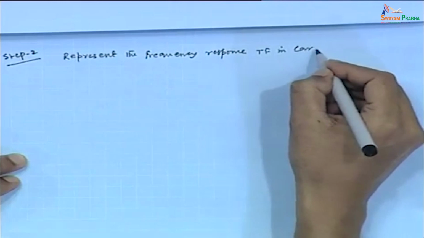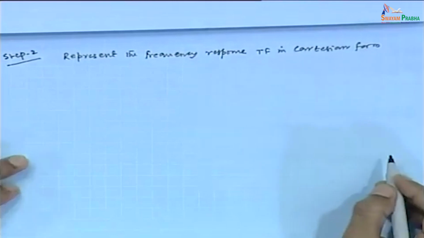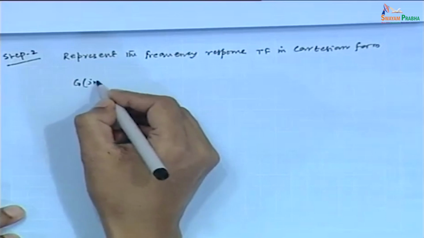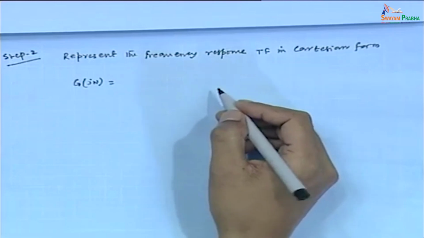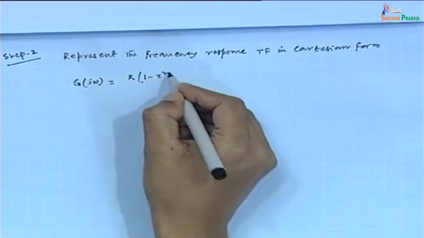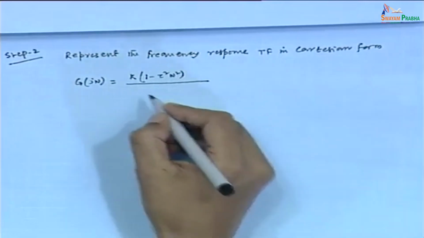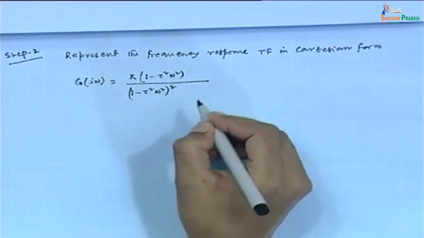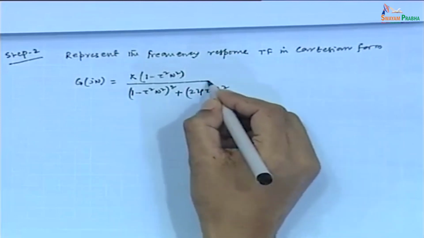We can write it as k multiplied by 1 minus tau square omega square, divided by 1 minus tau square omega square whole square plus 2 zeta tau omega whole square.